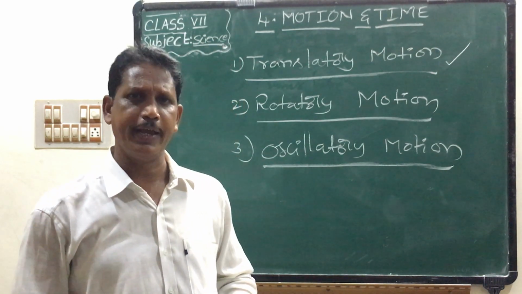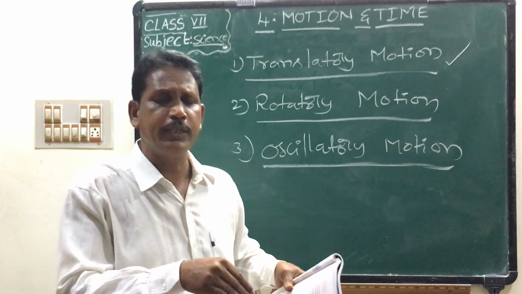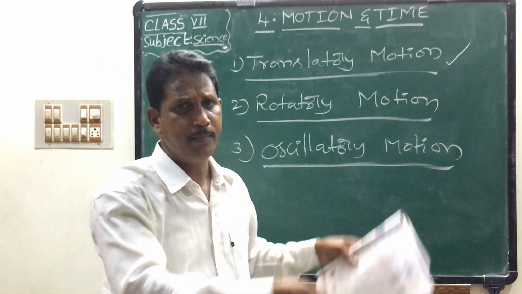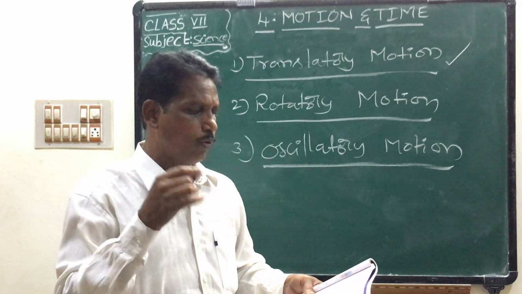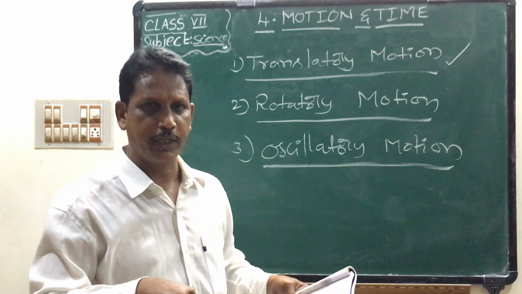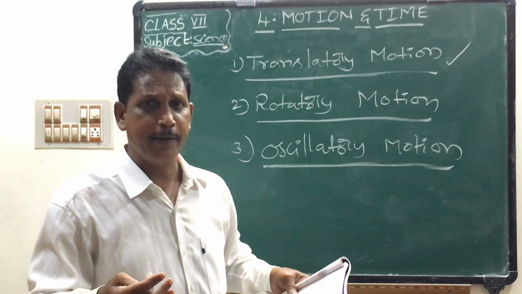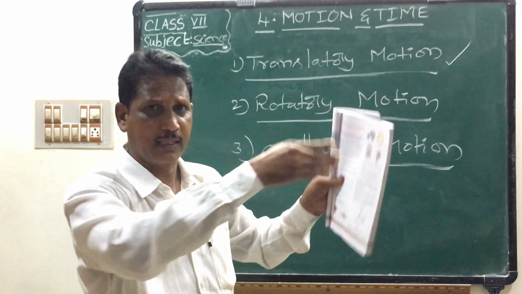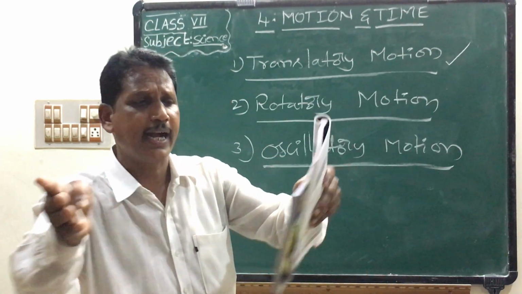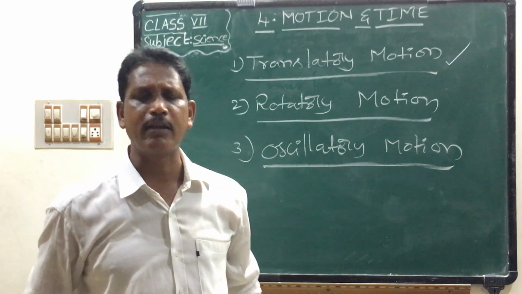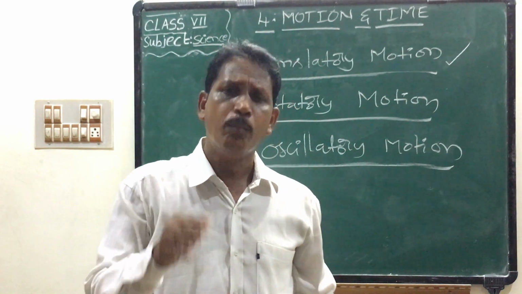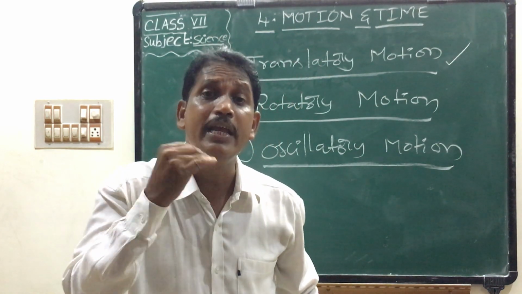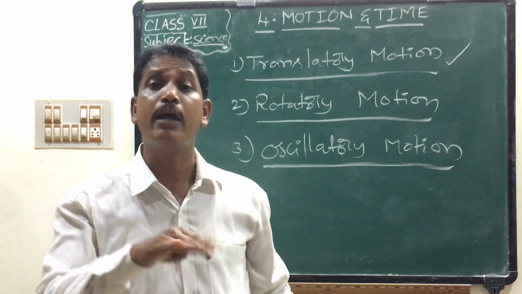If a body moves in a translatory motion, but it moves in a curved path or curved line, then the motion of the body is called curvilinear motion.